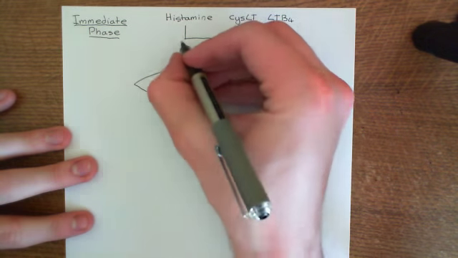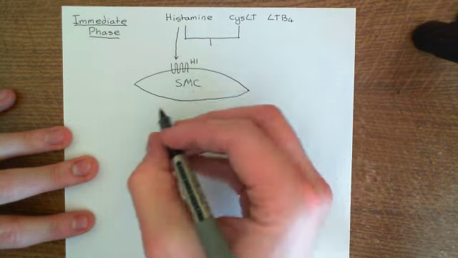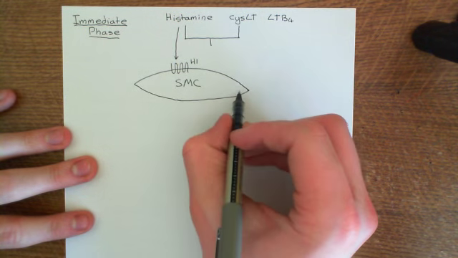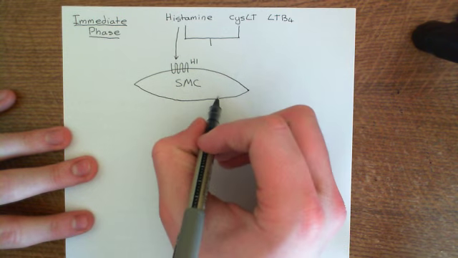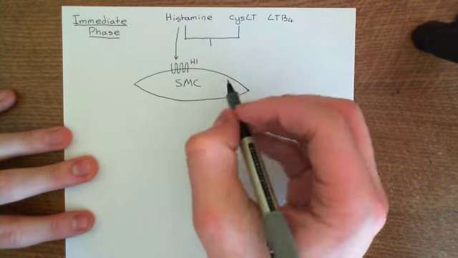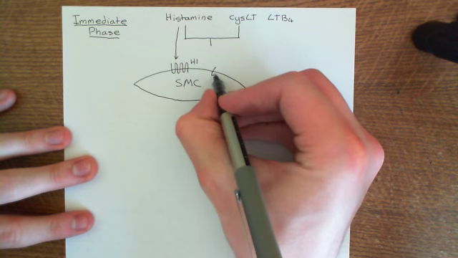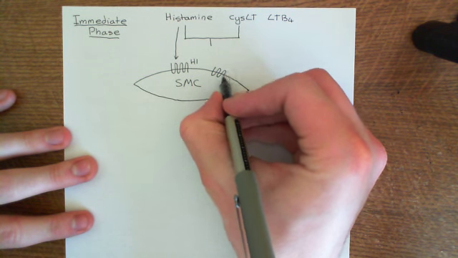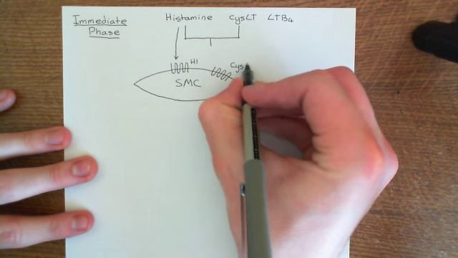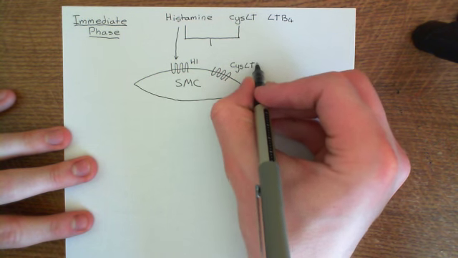Okay, and histamine is going to come and act on the H1 receptor here, and that's going to activate a Gq coupled pathway, which will lead to the release of intracellular calcium stores, which will cause contraction of the smooth muscle cell. Meanwhile, cystinyl leukotrienes are going to come and work on another Gq coupled receptor, okay, which is the cystinyl leukotriene receptor, and it's the cystinyl leukotriene receptor type 1.